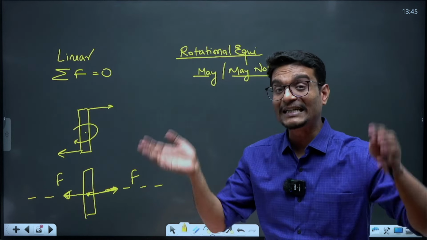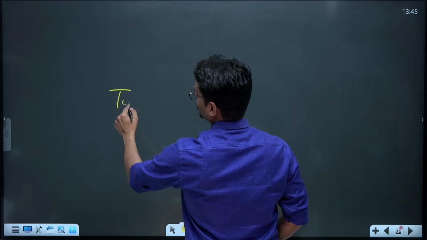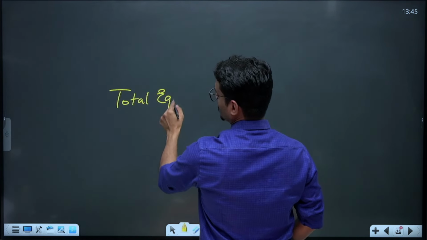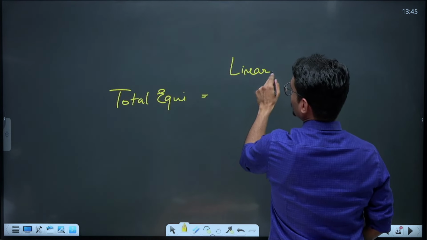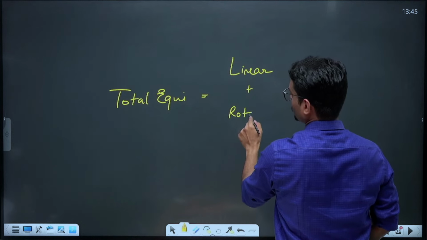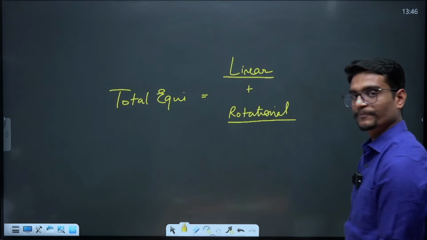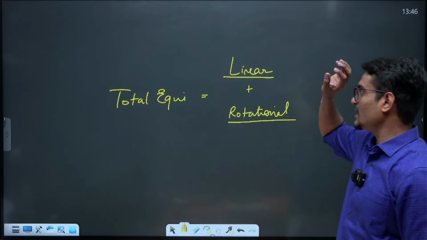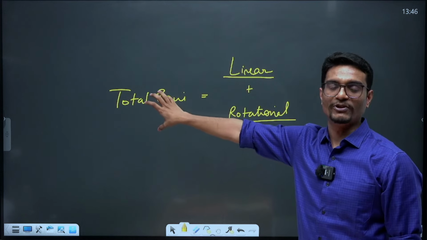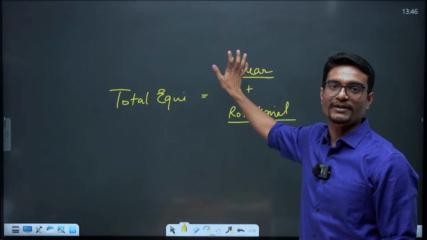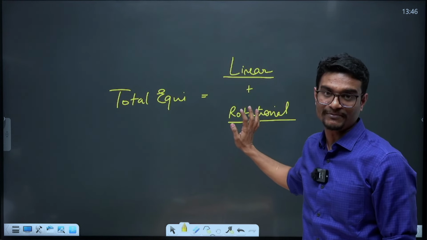So to get the total equilibrium, we must have linear equilibrium as well as rotational equilibrium, and then we can say the body is in complete equilibrium. If the body is only in linear equilibrium and not in rotational, it is not in total, absolute equilibrium. It is partial equilibrium: linear or translational equilibrium, or rotational equilibrium.